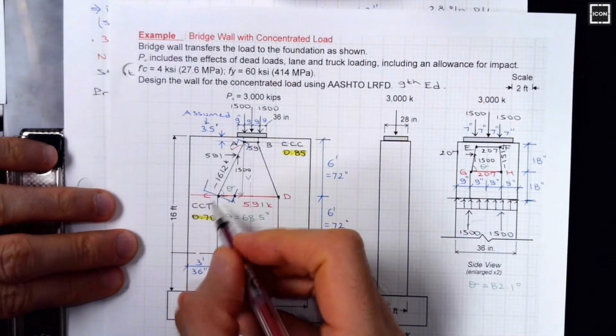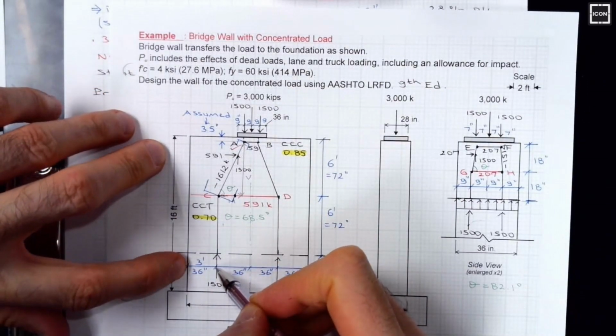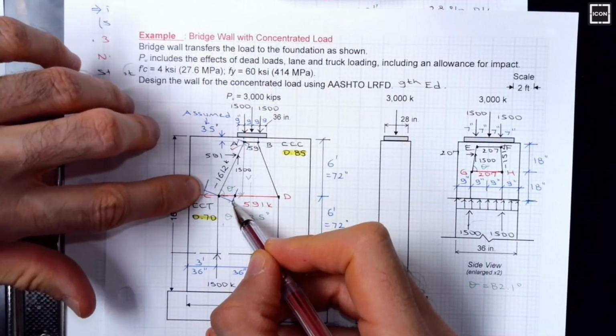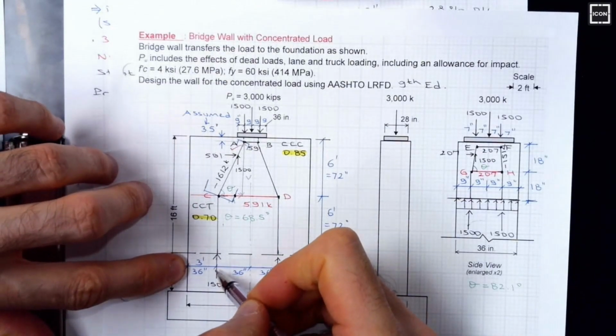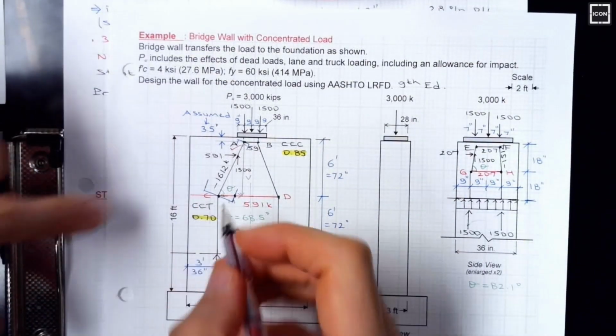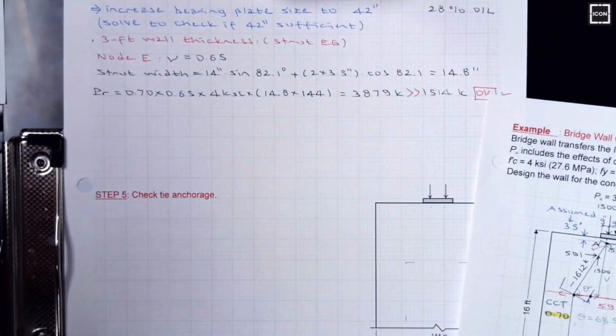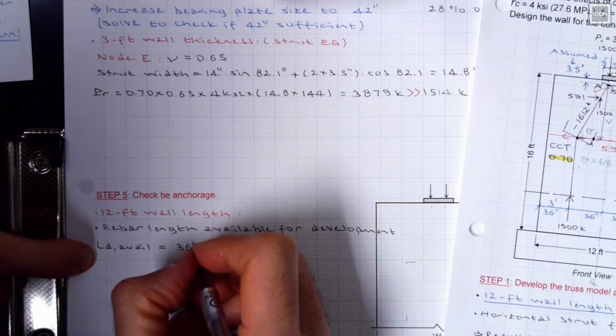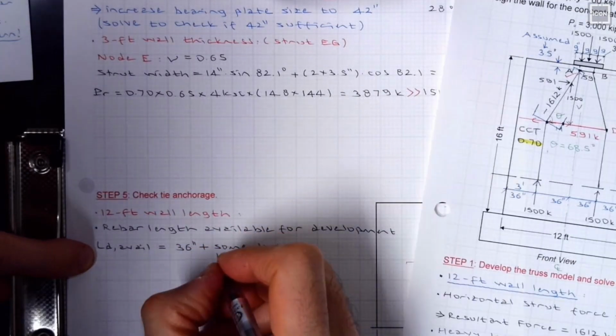So the available length, definitely you have at least 36 inches. There is going to be some more. I didn't calculate this width. I'm going to check this with 36 inches. Even that might pass. If it passes, there is no need to calculate this any further. LD available is going to be 36 inches plus some distance based on strut width.